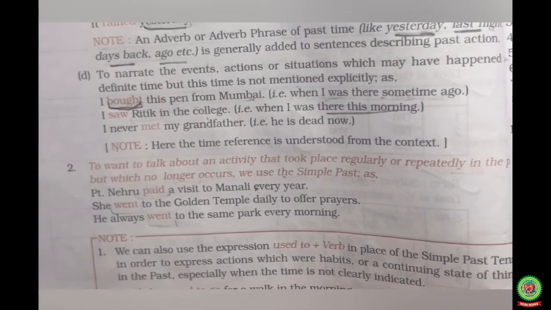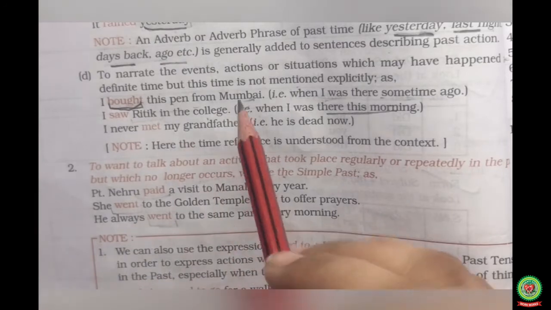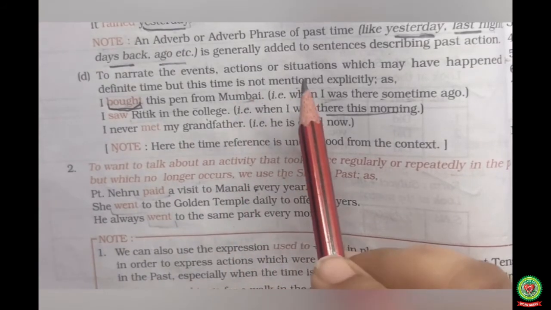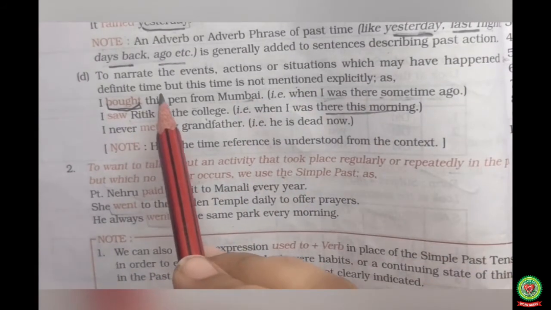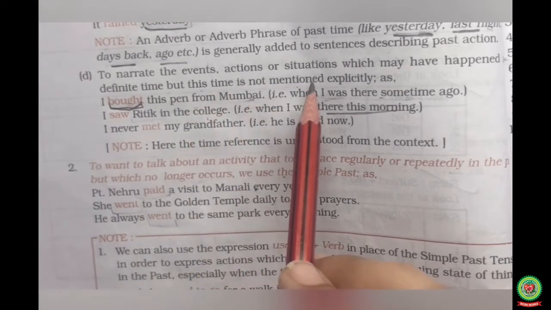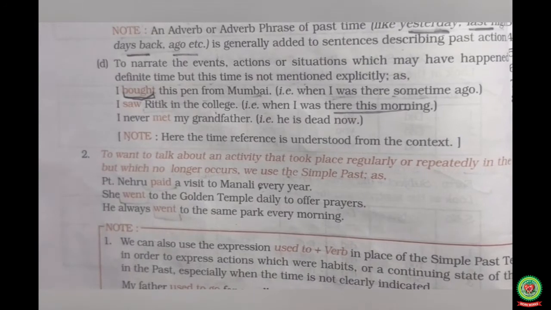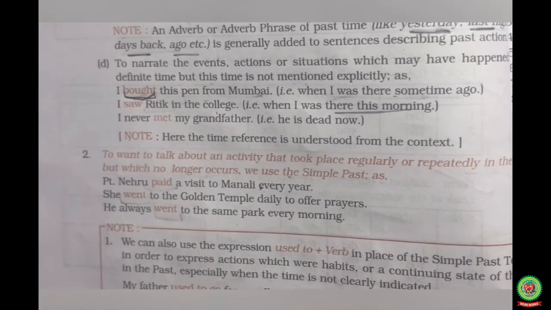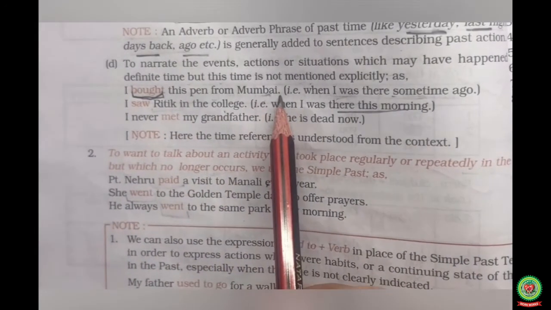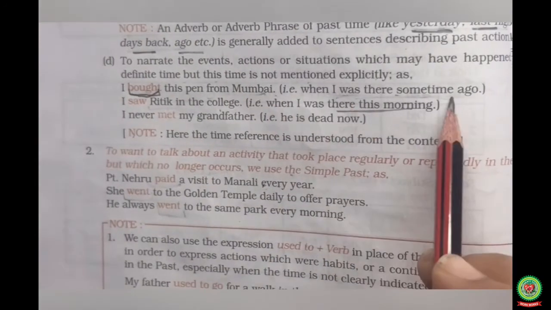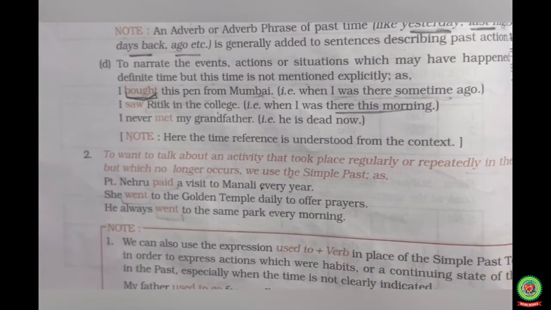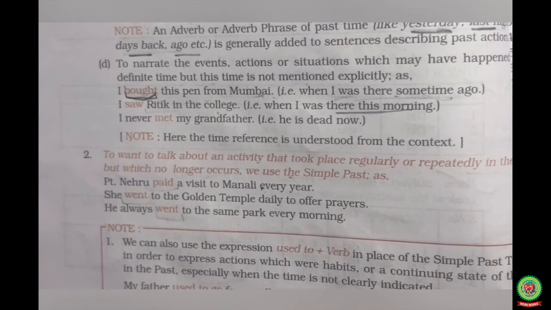Now next is point D, to narrate events or actions or situations which may have happened at a definite time, but this time is not mentioned explicitly. Means the time period is understood from the sentence only. I bought this pen from Mumbai. That is when I was there some time ago. Means the time is not mentioned, but it is obvious that when I was there in Mumbai, at that time I purchased it.